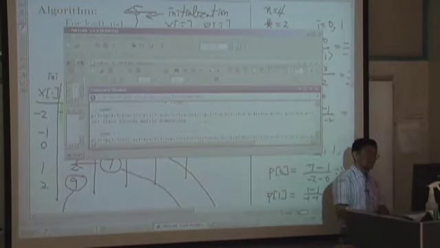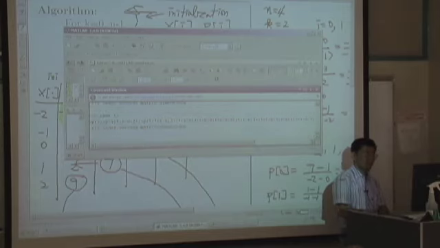So polynomial of t instead of x, right? Done, right?